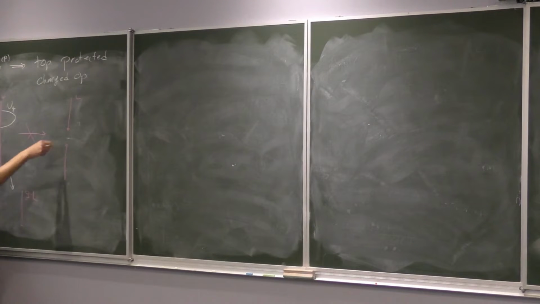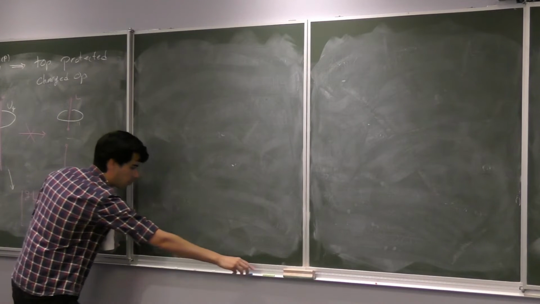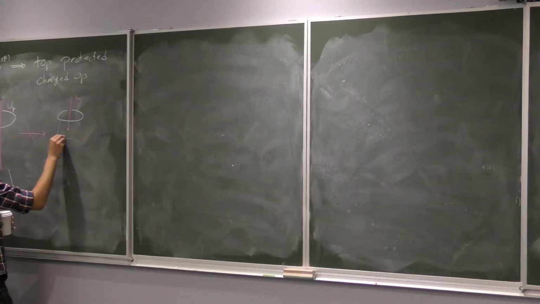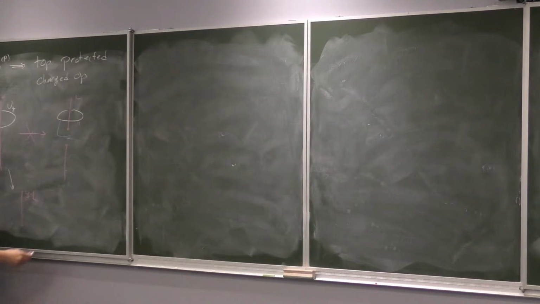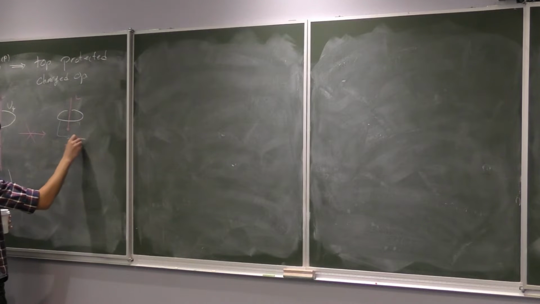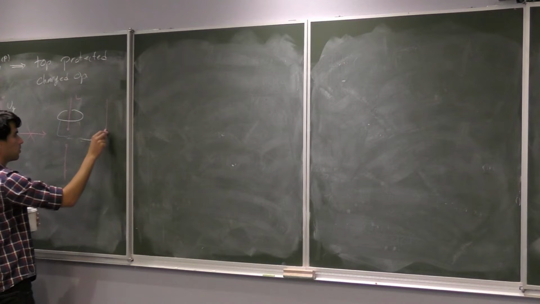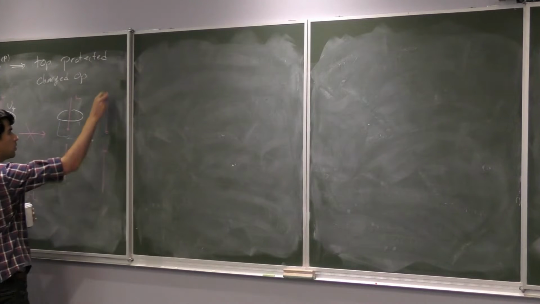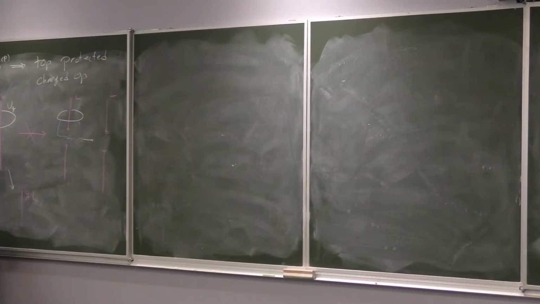But if you were allowed to cut it, you could take your symmetry defect operator and pull it out through the cut. And then this goes to just the trivial operator, which you could then glue back together. So that would say that this is not allowed to be equal to itself.